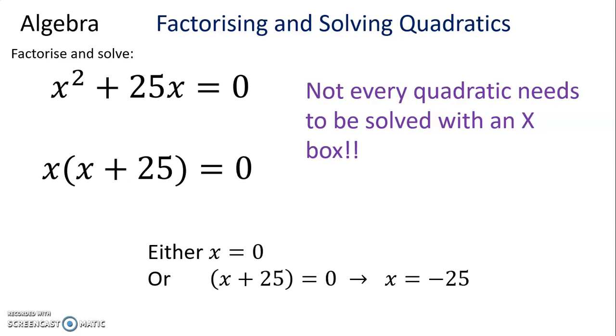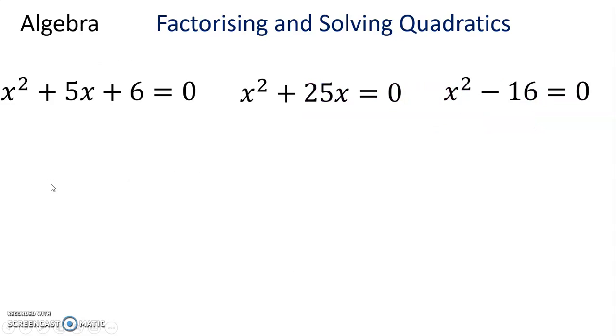And from there, either x equals 0 or x add 25 equals 0, in which case x is -25. So be on the lookout for quadratics that just factorise by taking out an x or some multiple of an x. So these are the three types of quadratic that you might be able to factorise and then also solve.